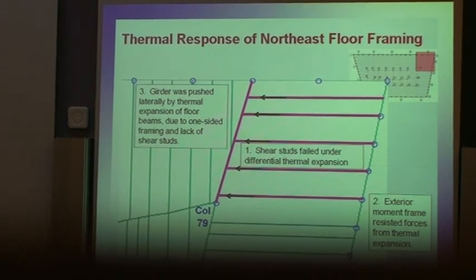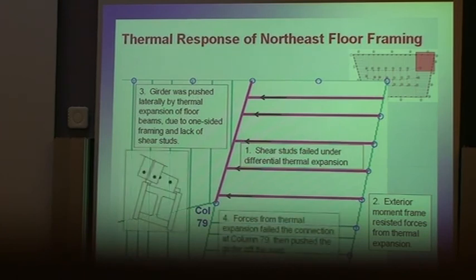So the girder was pushed laterally by the effects of thermal expansion, and ultimately, once you keep pushing on this girder, the forces from thermal expansion moved the girder and broke those 2 bolts to the 2 seats, and that girder became unsupported vertically. If you keep pushing it against the seat, at one point it will move off the seat and just drop. And that will start the floor failure in this region.